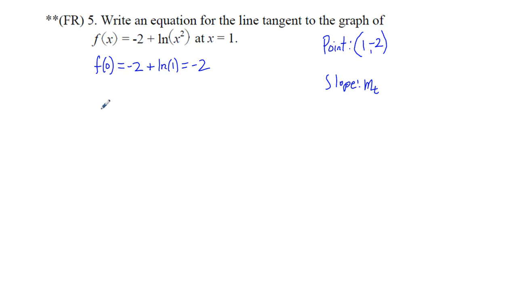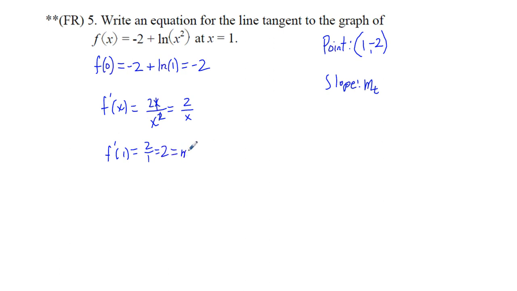So now we need to have the slope, our m sub t. So f prime of x is going to be the derivative of -2, which is 0. And so we're going to have the derivative of x squared, which is 2x, over the original, which is x squared. And that x and squared are going to cancel each other, so we're going to have 2 over x. So f prime of 1 is going to be equal to 2 over 1, which equals 2.